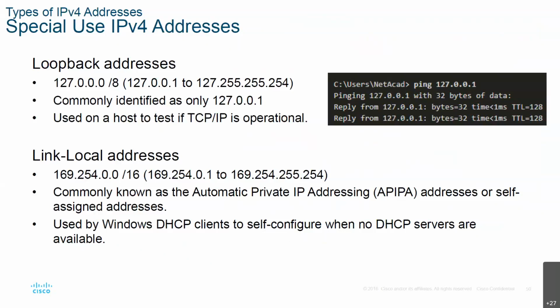Dynamically, it looks for a DHCP server, which can be a computer, a router, or perhaps a switch. Once it finds a DHCP device, it will take the address given by the DHCP server. But if it doesn't find one, then it can automatically assign itself a link local address.